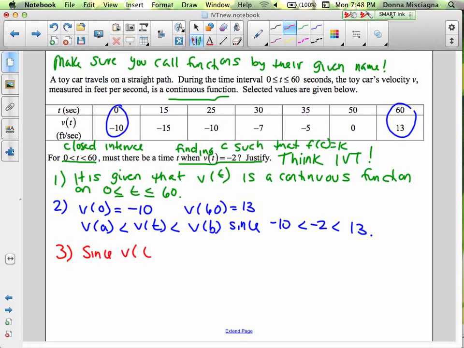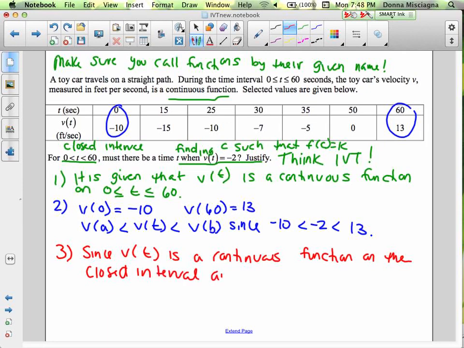v of t is a continuous function on the closed interval, and v of a is less than v of t is less than v of b.